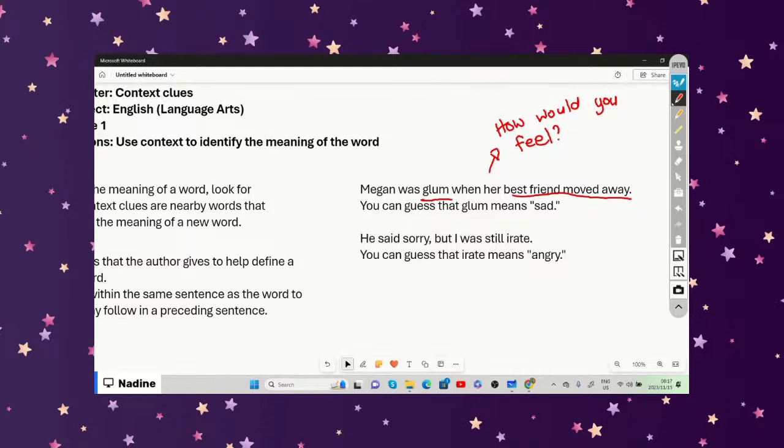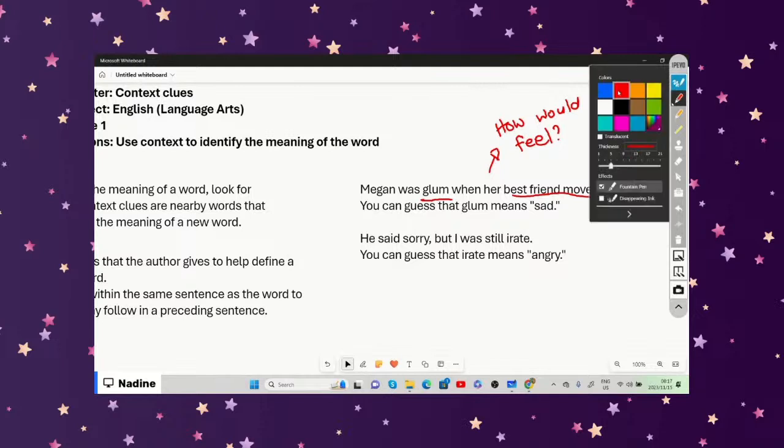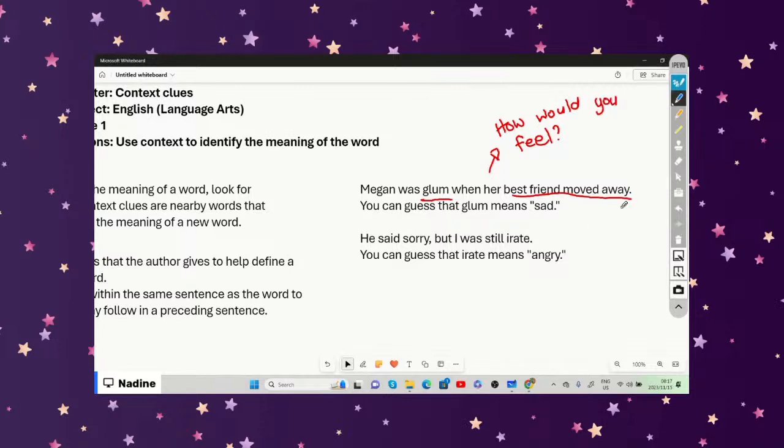So we said that if your best friend had to move away, you'd feel sad or unhappy, right?